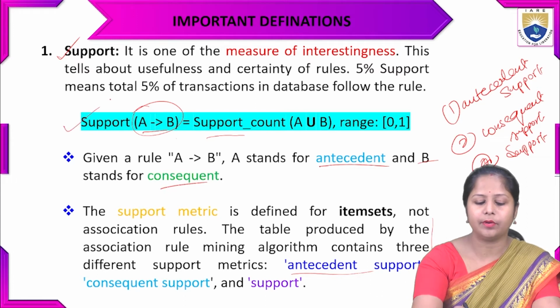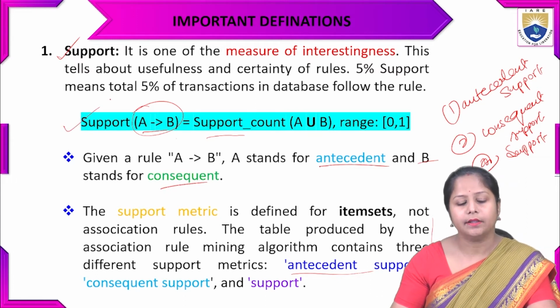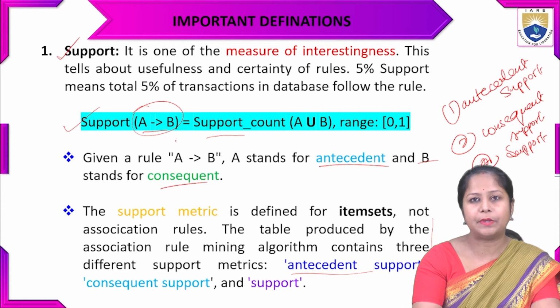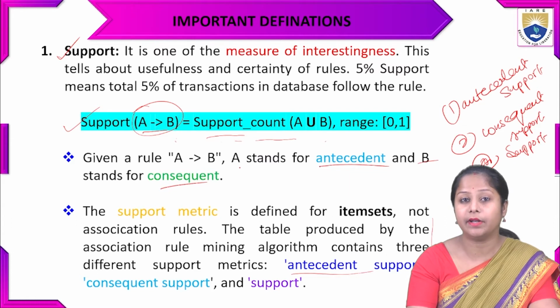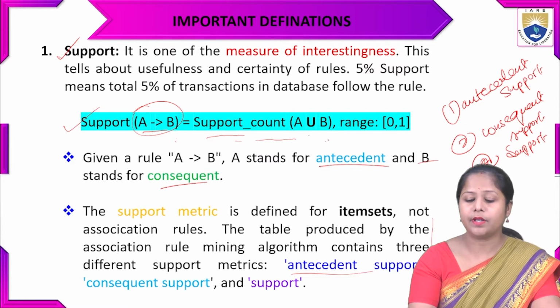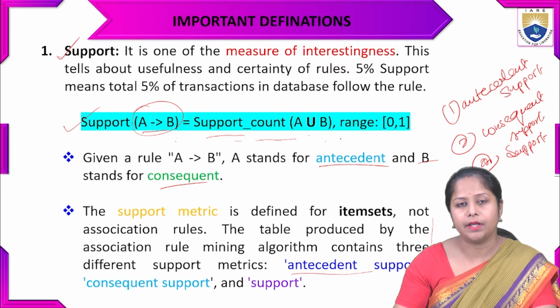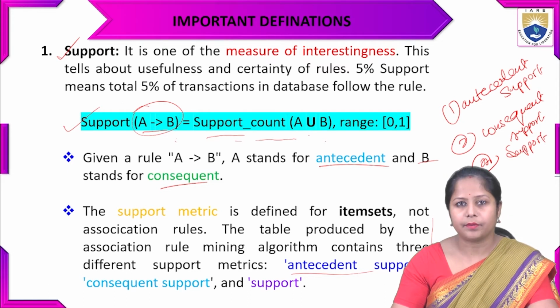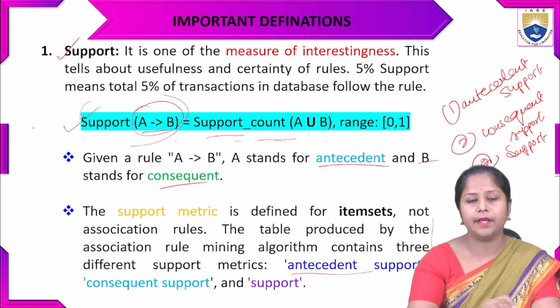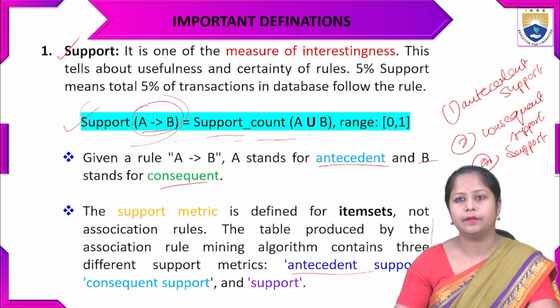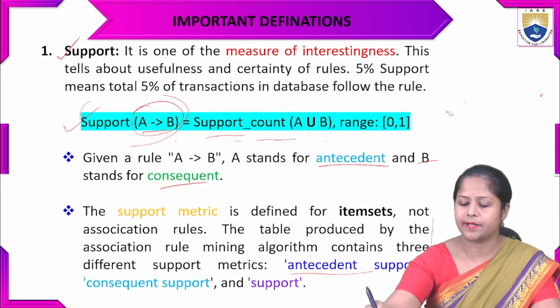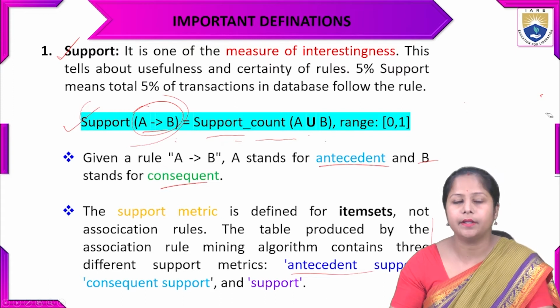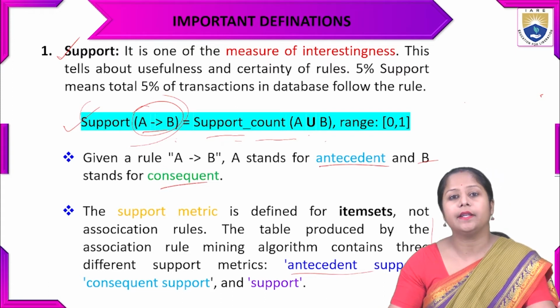What we derive from this formula is that support is the support count of A union B. In A union B, we get the items that make up the support of A implies B. That was the understanding of an item set in a database.